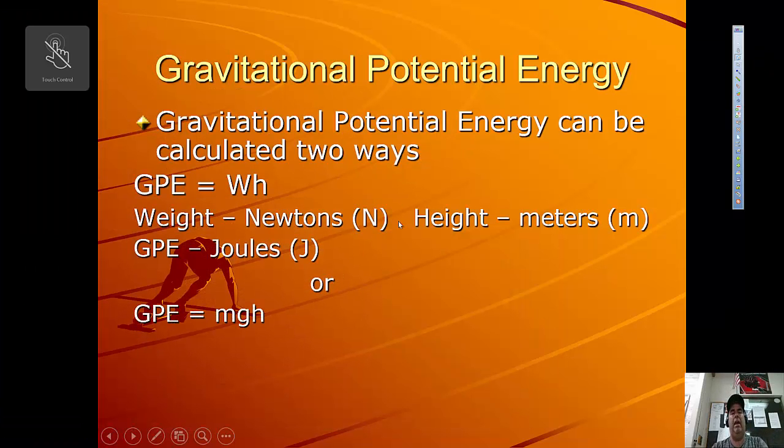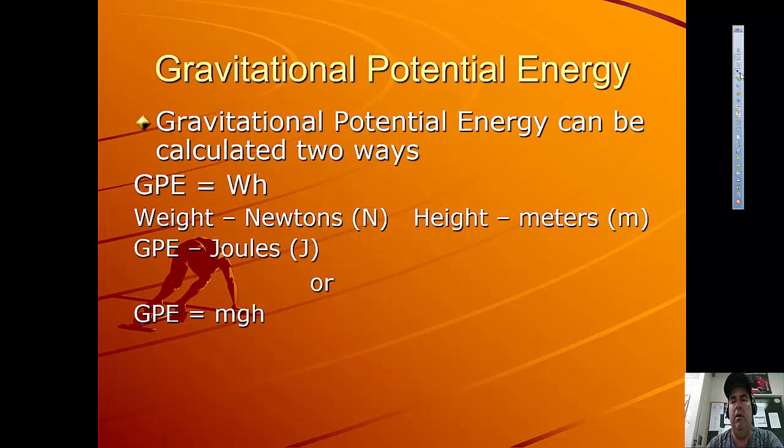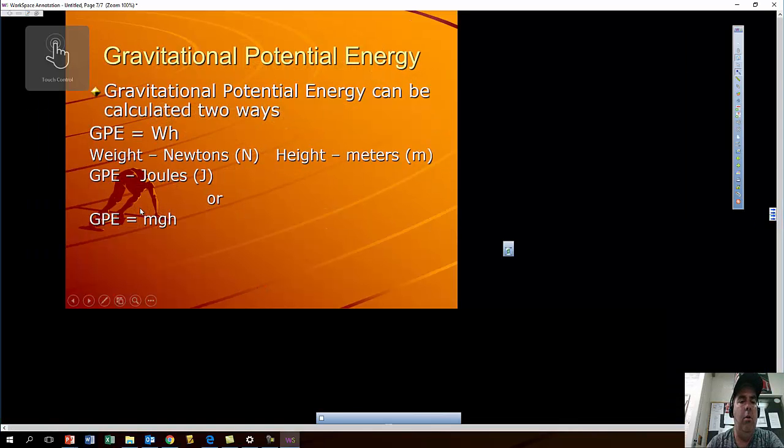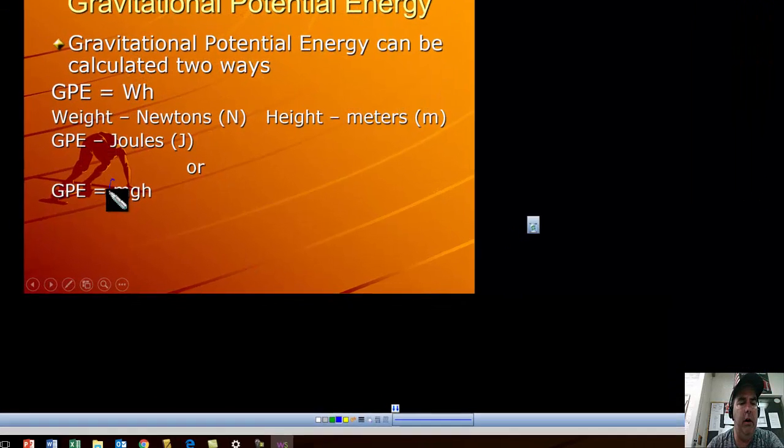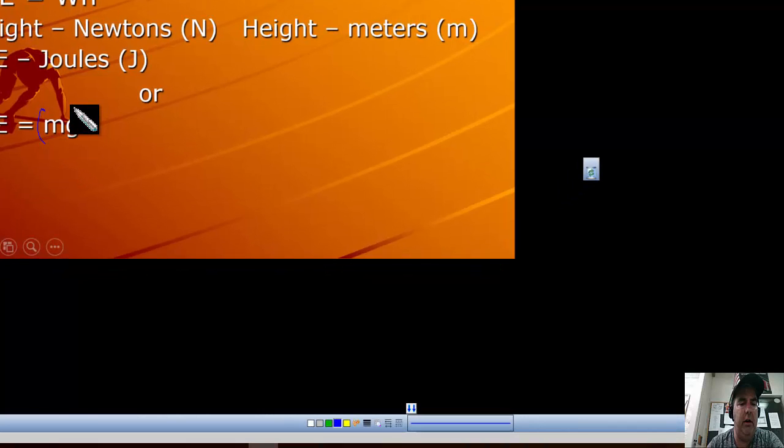The second way to calculate it is gravitational potential energy equals the mass multiplied by the gravity multiplied by the height. The reason we can put this one in here is because of this right here.